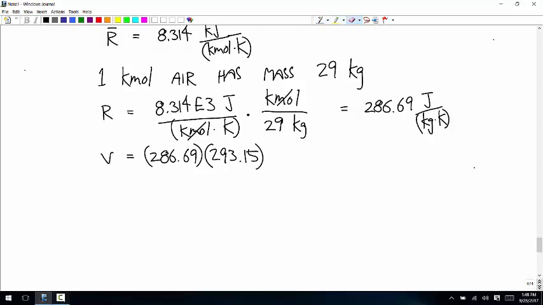That initial pressure is 101,000, and so you can calculate that volume is 0.832 meters cubed per kilogram.